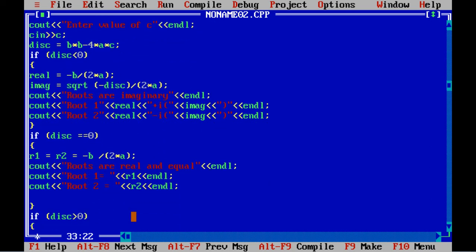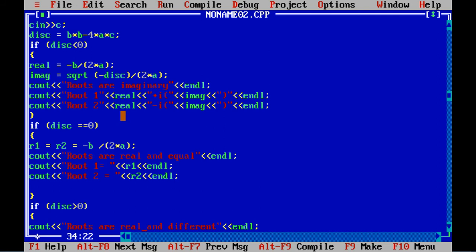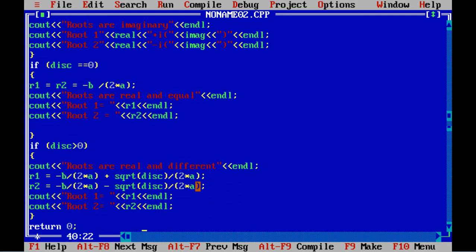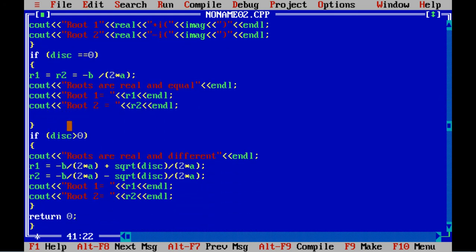Next, if the disc is equal to 0, in that case the roots are real and the same, and it is equal to −b over 2a. So it is assigned with this expression, and here we can print the roots on the screen. If the roots are real and different, then the condition is that disc will be greater than 0.